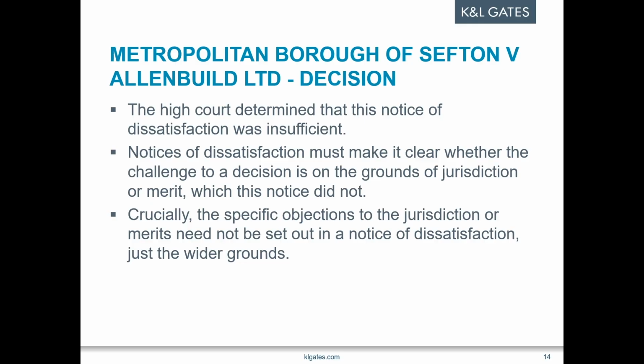The court wasn't really happy with that argument, and they noted that whilst the notice of dissatisfaction need not descend into the details of the substantive challenge, the issue of the validity of an adjudicator's decision is of a fundamentally different character from its merits. So the court found that in order for the notice of dissatisfaction to be valid, it ought to make it clear whether a challenge is being made to the validity, on jurisdictional grounds, or to the merits.